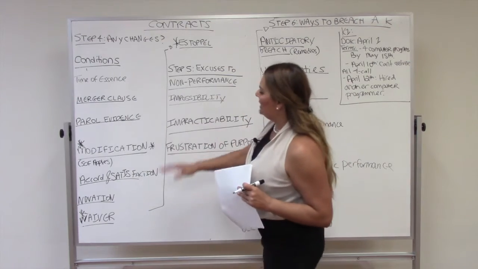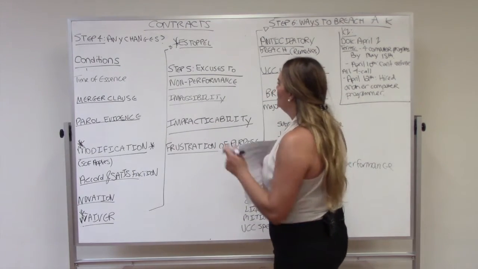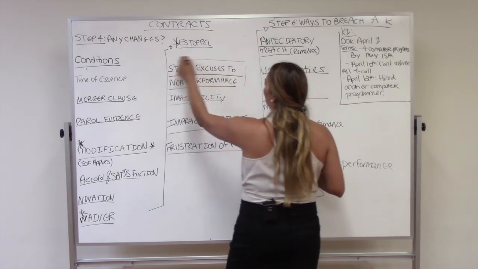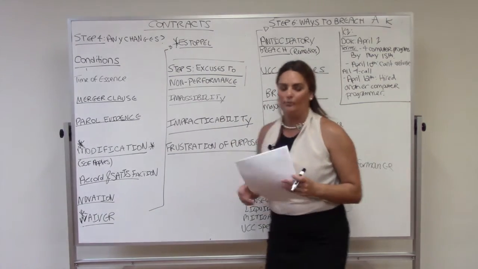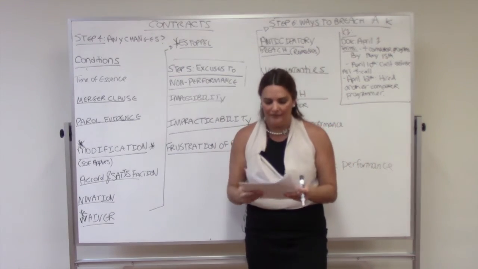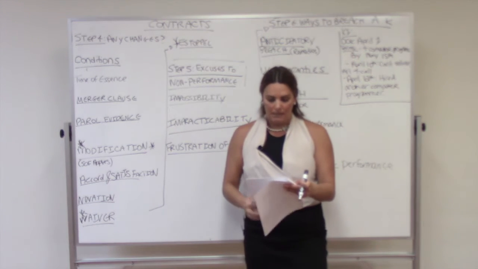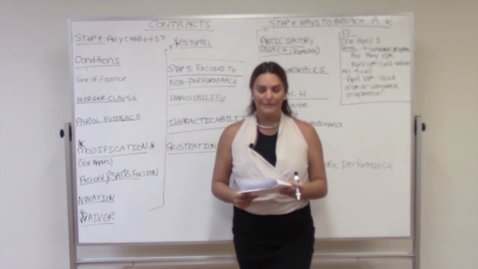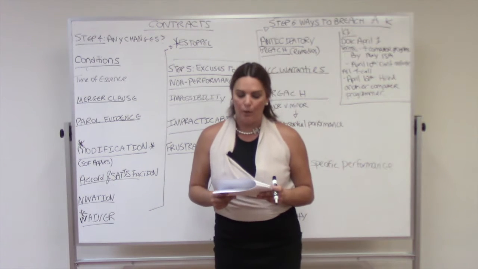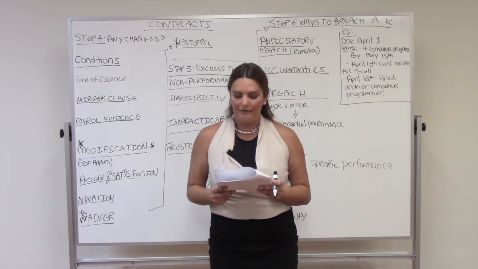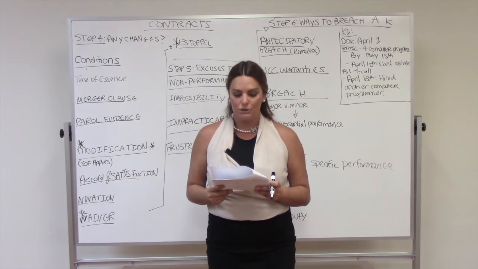Okay? So as you get out of step 4, you are now in step 5, and that is excuses to non-performance. Let's actually look at step 5 together on your approach. At this point, the complete terms between the parties have been identified. The question remains, has either party failed to perform one or more of these terms?